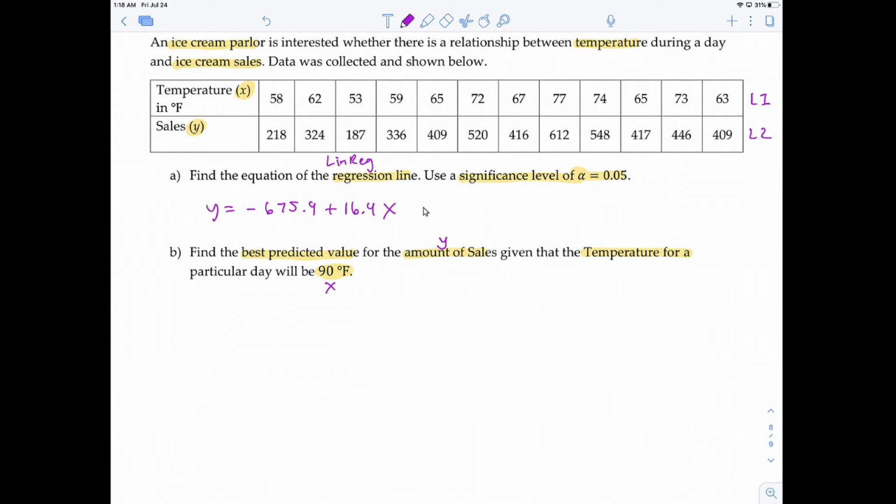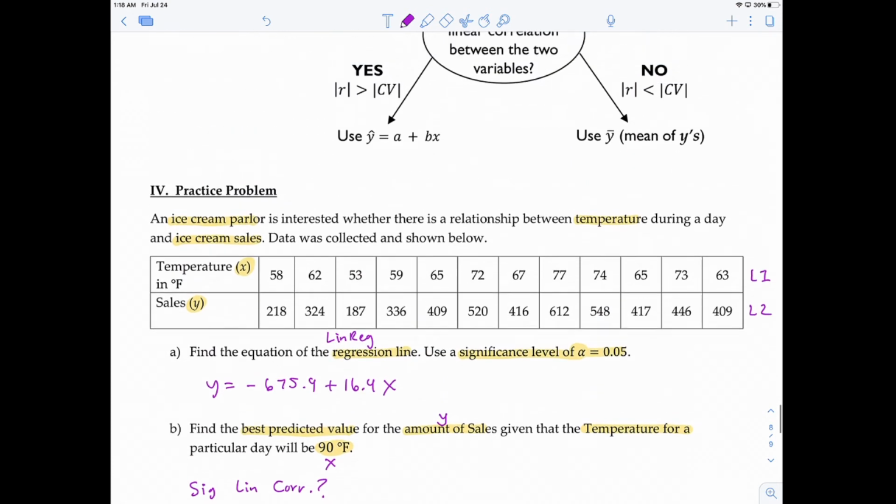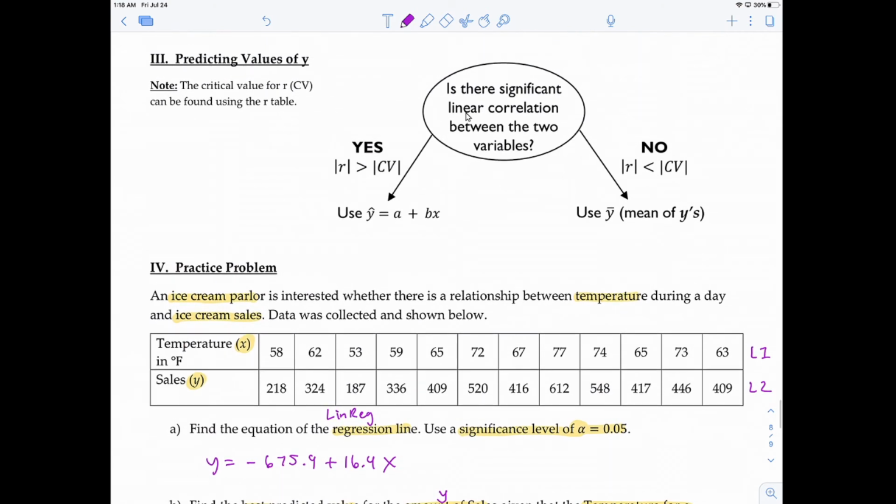We can possibly use this, but sometimes you're not able to use it. If the linear correlation is not strong enough, you can't use it. It's not a good predictor. So the first step is you have to determine whether there is a significant linear correlation between the two variables.